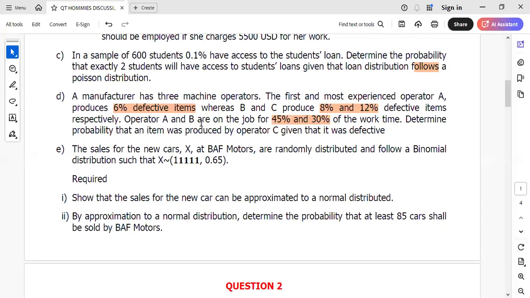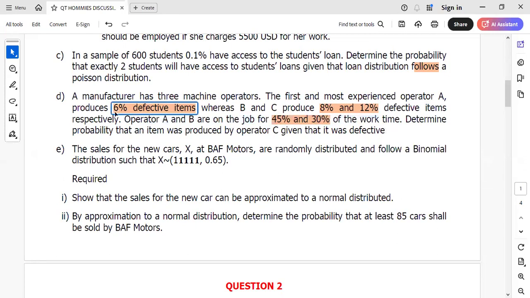Operator A and operator B are on the job for 45% and 30%, so the remainder will be 25%.